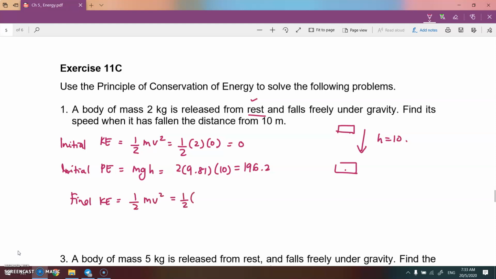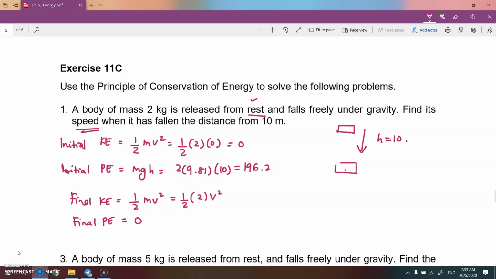Half m is 2. V, you're going to find what is the speed, so you just leave it there. Do you have any potential energy? Because it is at the bottom, position is downward, so PE is equal to 0.